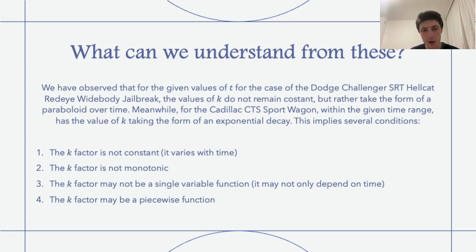But there could also be another case in which the k factor may be a piecewise function, and in that case it's very hard to determine, because a piecewise function means that the curve accelerates in a certain way at a given time, and then the rate suddenly changes.